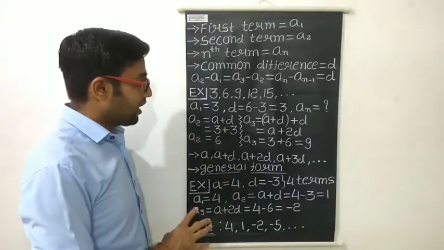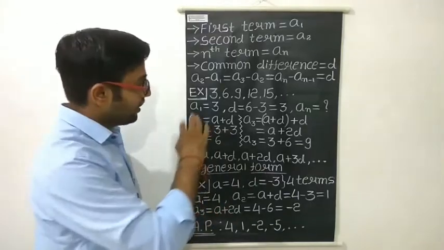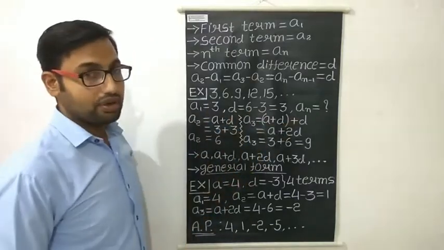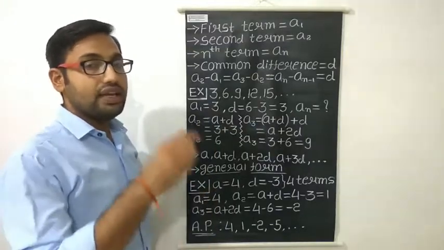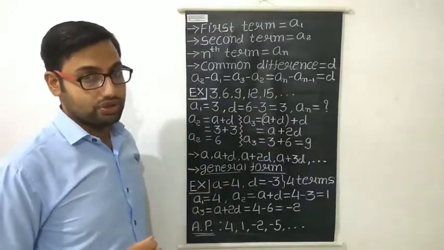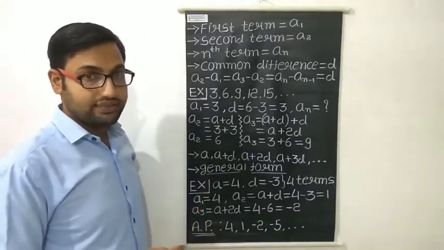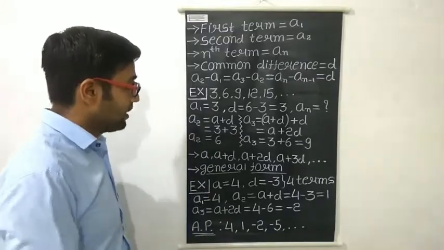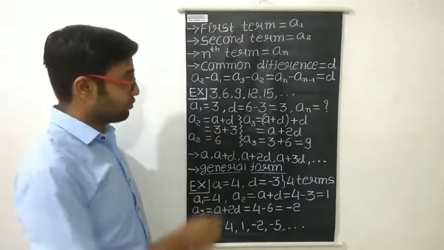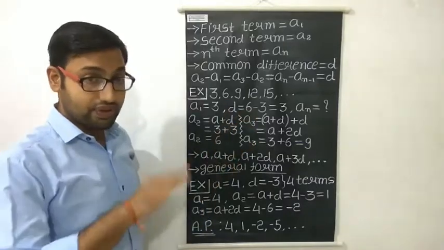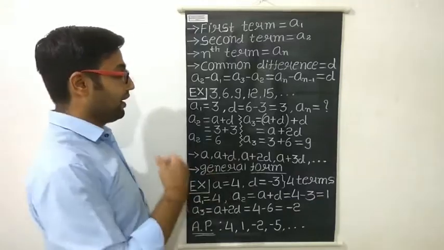And if there is no limit to the terms, that means there are infinite terms in the AP, then it is called an infinite arithmetic progression, right? Finite and infinite. We can classify the AP in these two ways. This AP is of the infinite type because we don't know the last term. If we know the last term, then we can say it is a finite AP.